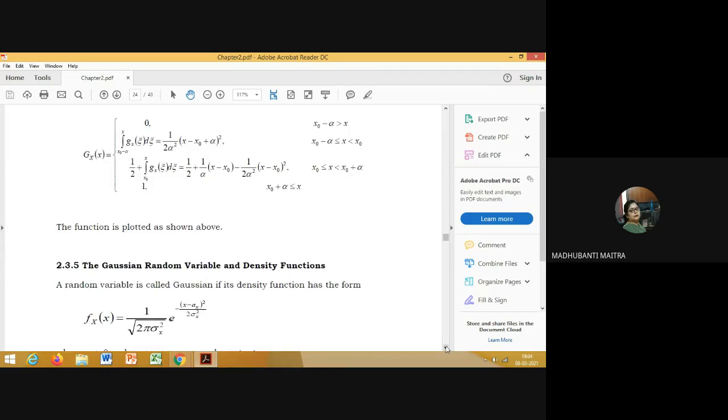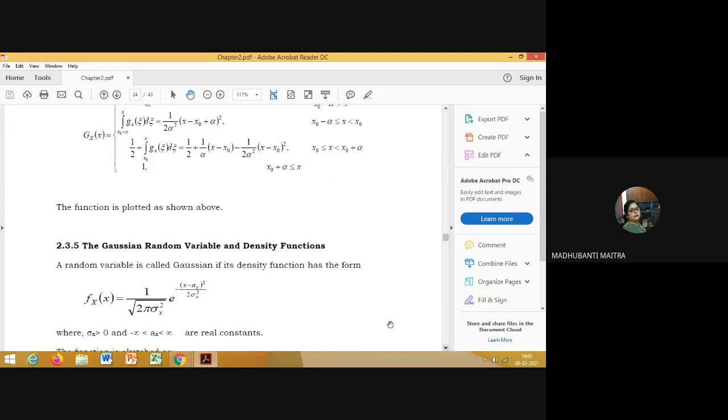Now, since here we are discussing distribution function, density function, all these terms, we are discussing random variables. As an example, in this chapter, we'll discuss one very important density function, named the Gaussian distribution or Gaussian density function. Distribution and density functions can be classified as discrete or continuous.